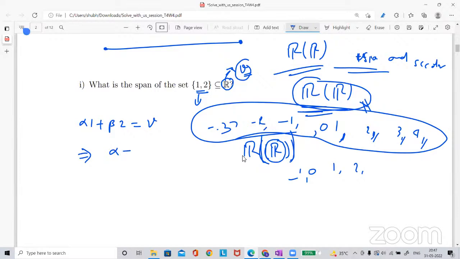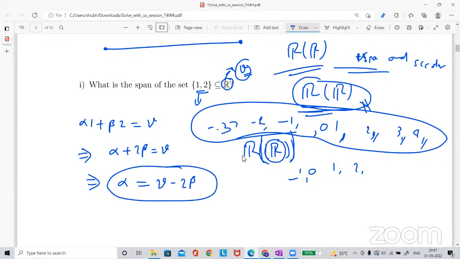So alpha plus 2 beta is equal to v, which means alpha is equal to v minus 2 beta. Sir, alpha is dependent on beta. One equation, two variables. So the value of alpha depends on beta.